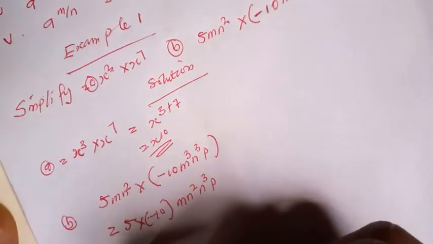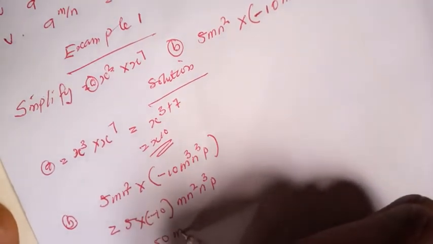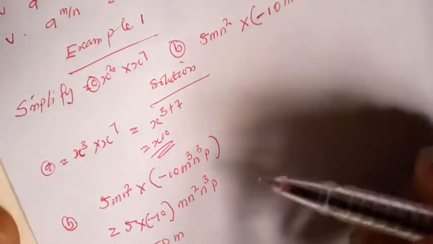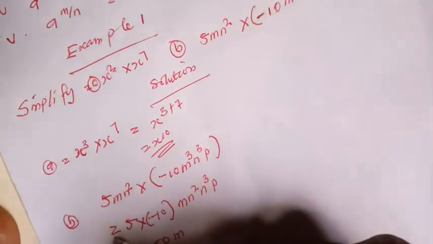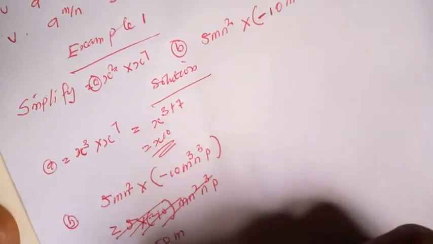So we have minus 50 m. Don't forget that, okay, I think I've confused you. Let me go back, so permit me. So we're going to restart this again.